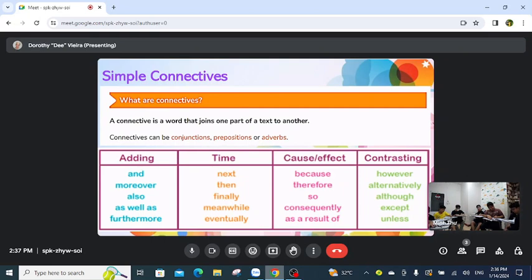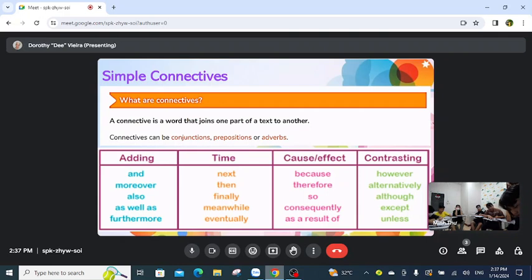And if we are contrasting, so when we contrast, we say how things are different. Okay, when we compare, we say how things are the same. When we contrast, we say how things are different. So if we are contrasting, saying how things are different, then we can use these words, however, or the adverb alternatively, although, except, and unless.